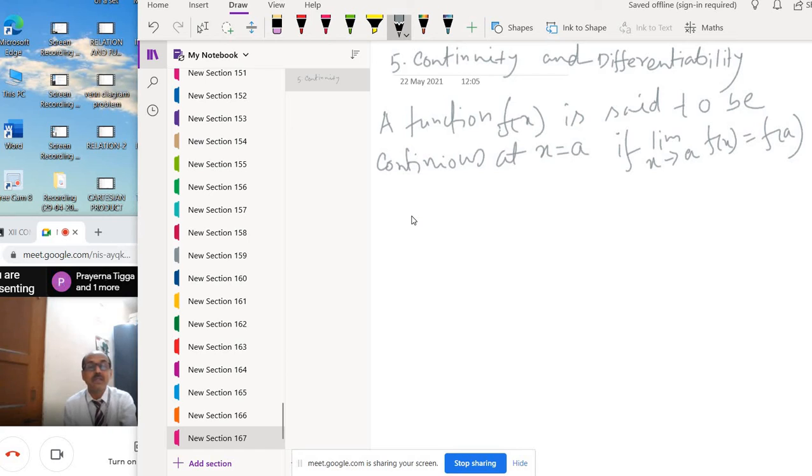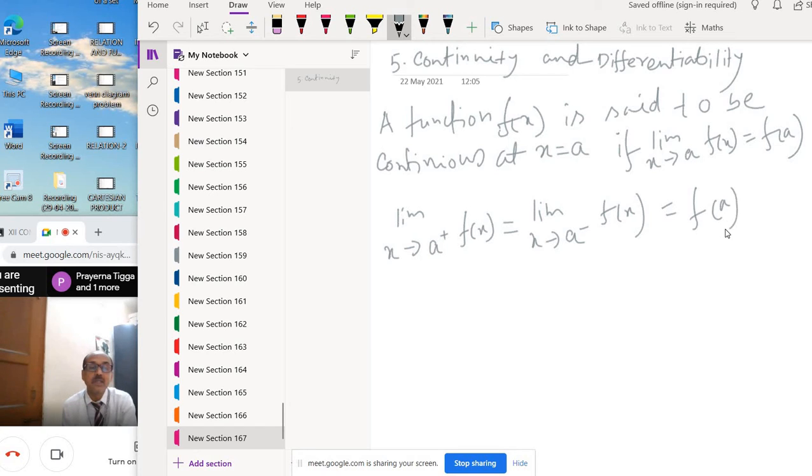and we can write this limit as x tends to a of f(x) means the limit as x tends to a plus, that means the right hand limit, of f(x), equals the limit as x tends to a minus, the left hand limit, of f(x), equals f(a).